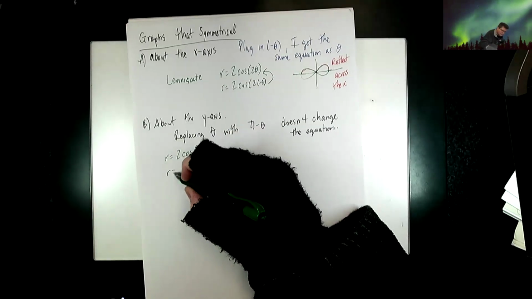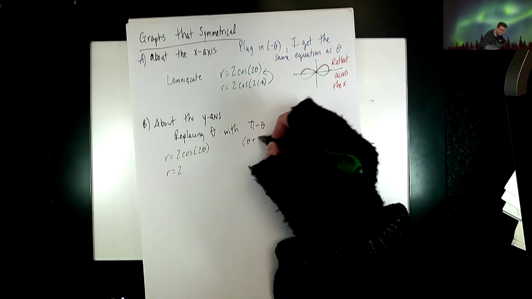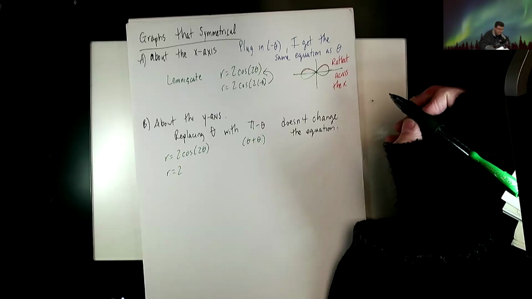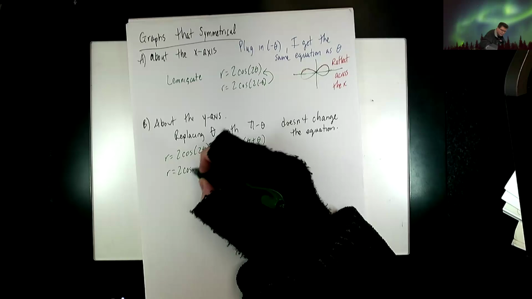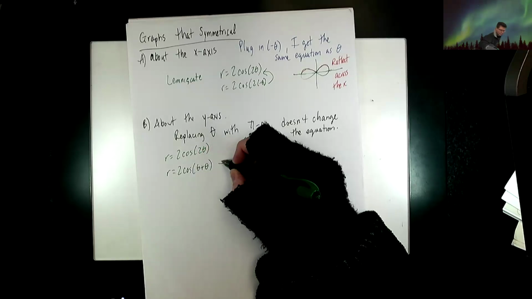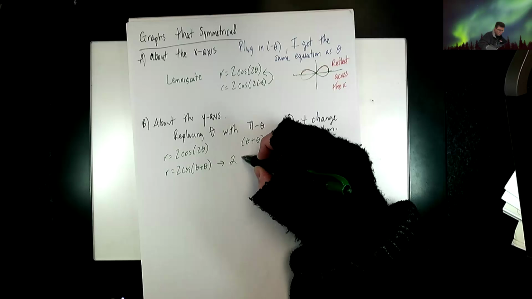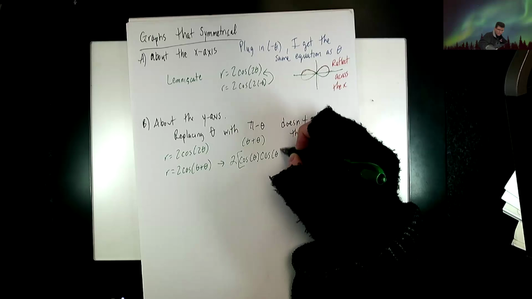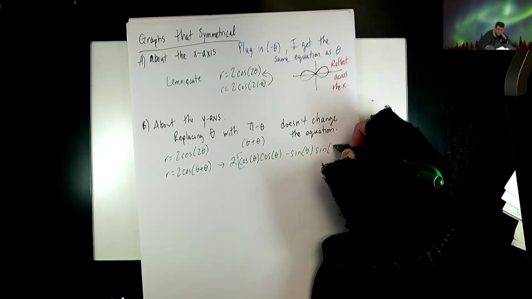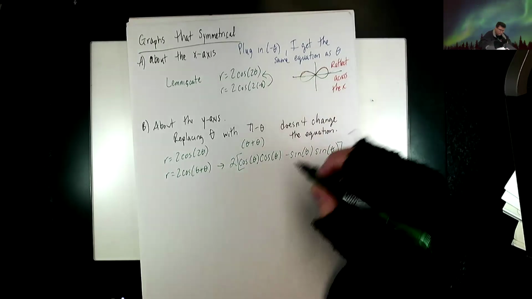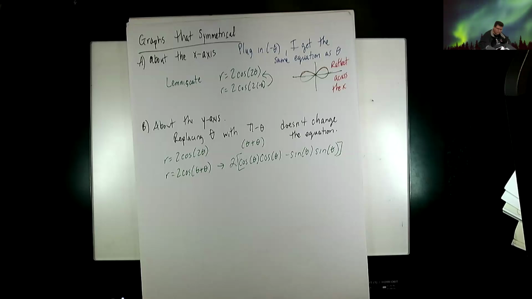I'm going to treat that as theta plus theta on the inside for a second. So 2 cosine theta plus theta, doing a little trig, I get 2 cosine theta cosine theta minus sine theta sine theta. It's that kind of idea.